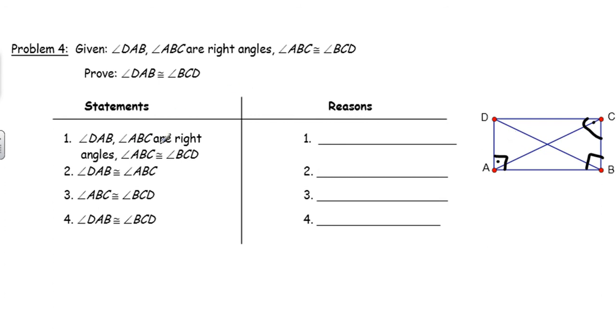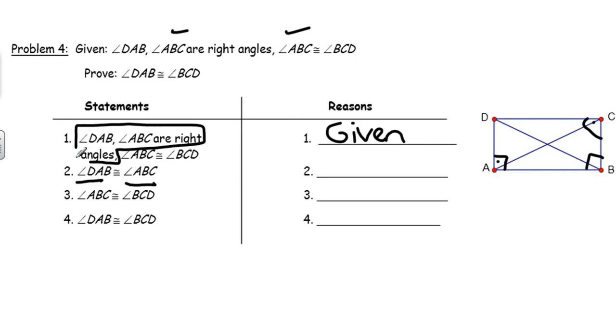So DAB and ABC are right angles. Angle ABC is congruent to BCD. That's both in the given. Then they say that DAB is congruent to ABC. Well, this is where the congruent complements theorem works. We were told that DAB and ABC are right angles.